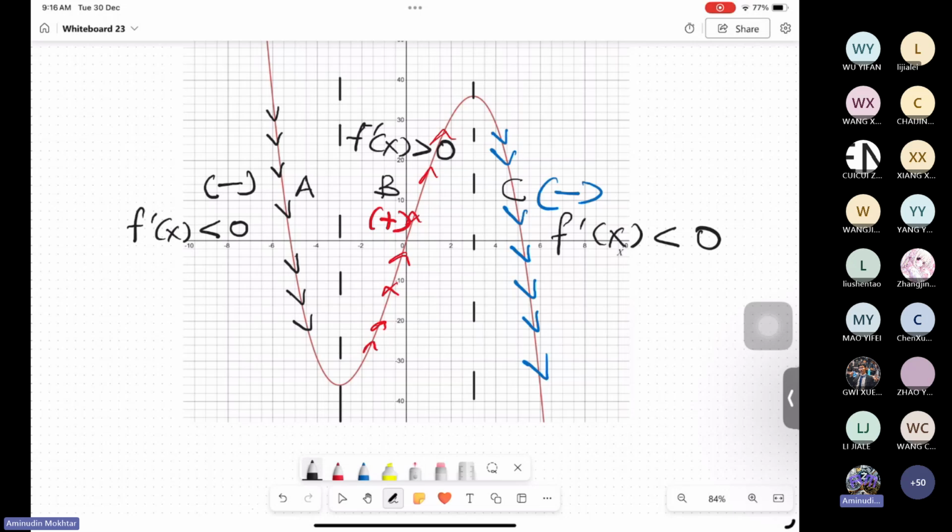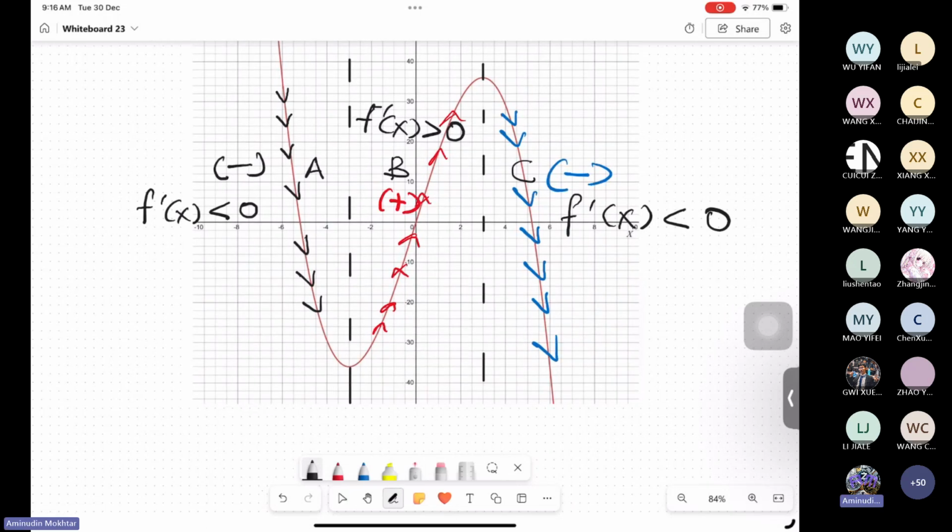Okay, now I would like to refer to the two points here. When we move from negative to positive slope, from area A to area B, the slope of the function changes from negative to positive. So basically there is one point here.